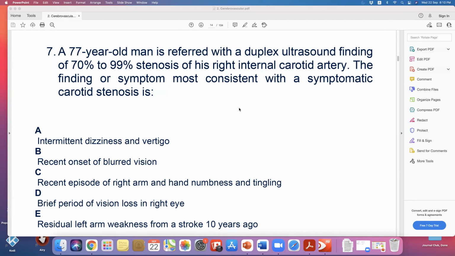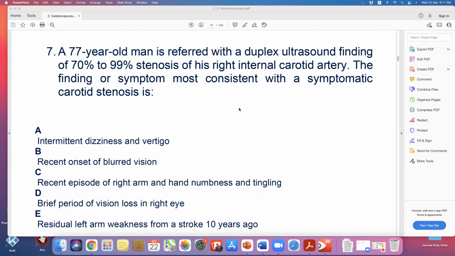Okay. Then let's see, a recent episode of right arm and hand numbness and tingling. Yeah, it could be like there is subclavian stenosis. No, let's go slowly. This is a right internal carotid stenosis, right? Numbness and weakness in the arm will be on the right or left arm?